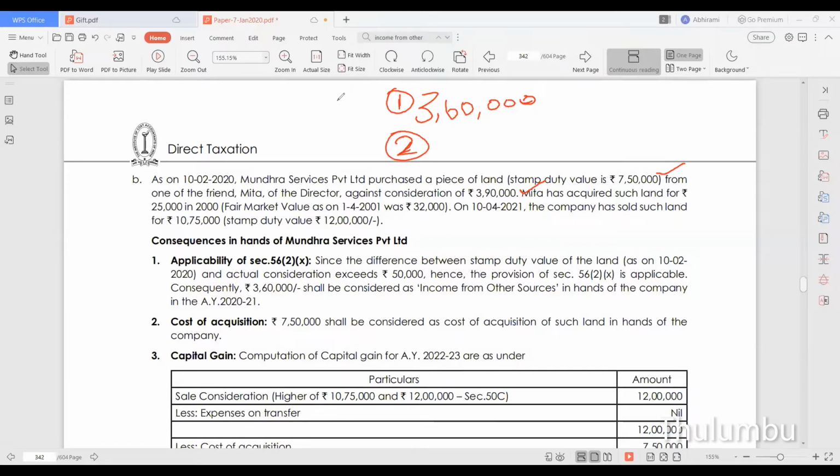Step number 2 another, it is 50,000 or 5% of consideration. So the consideration value is 3,90,000. So 3,90,000 50% is 1.95 lakhs.